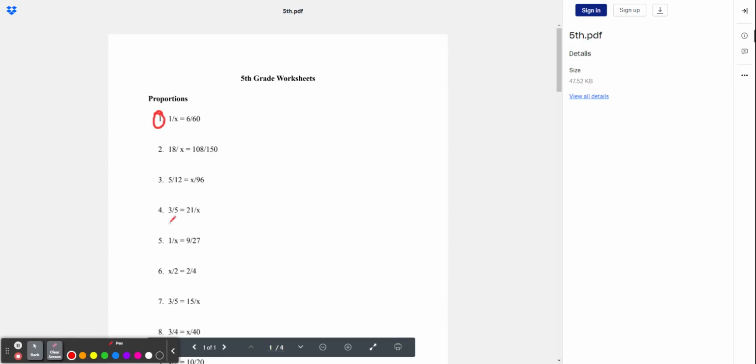So let's get started with proportions. We have 1 over x is equal to 6 over 60. So let's take a look at the numerators. To get from 1 to 6, we multiplied 1 by 6.